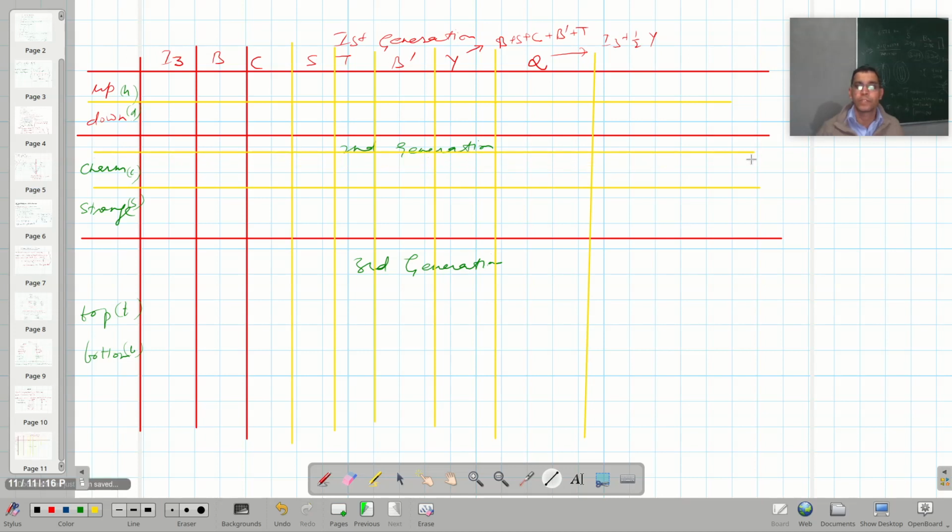This is for the second generation and this is for the third generation. Let me just draw this table. It's a sort of table, and let me talk about it.